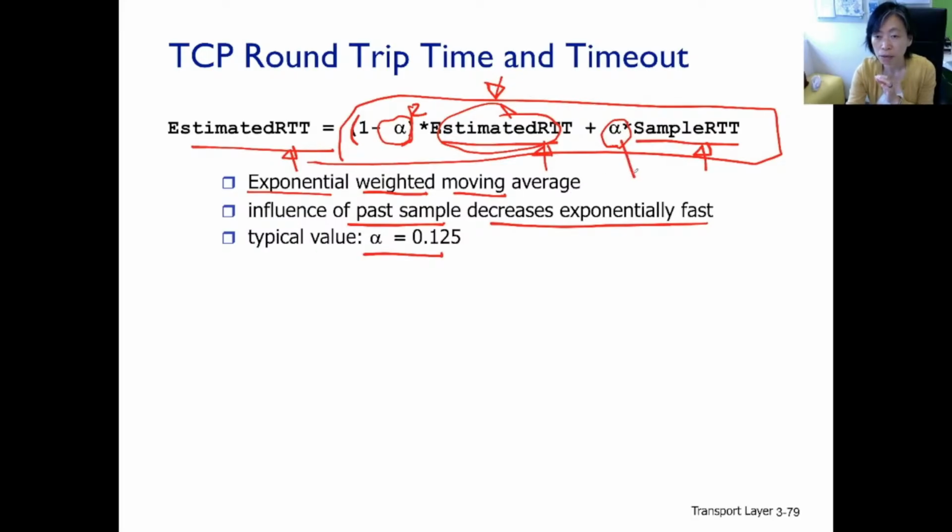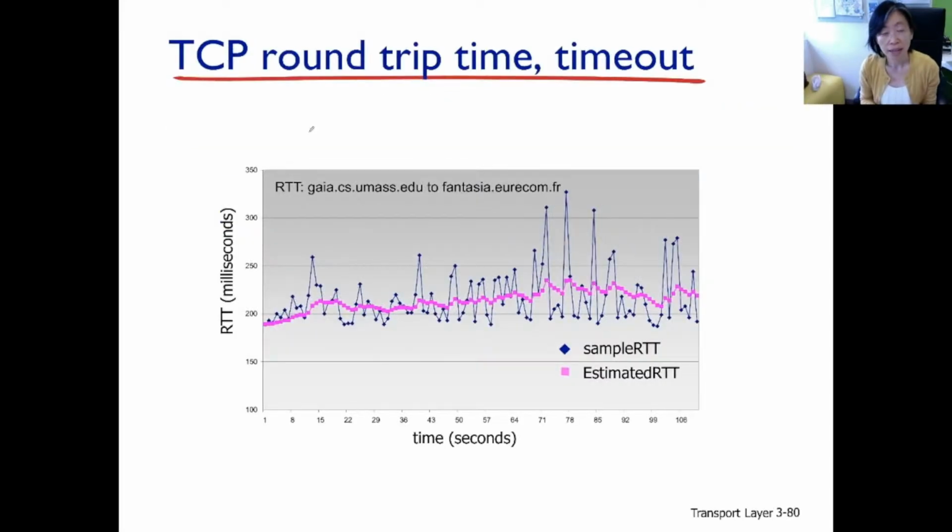That is because we don't want to weigh too much on the instantaneous RTT, because otherwise it will be what? Also fluctuating, not exactly smooth. And here shows the instantaneous RTT and the estimated RTT, the smoothed estimation, and how they look relatively.